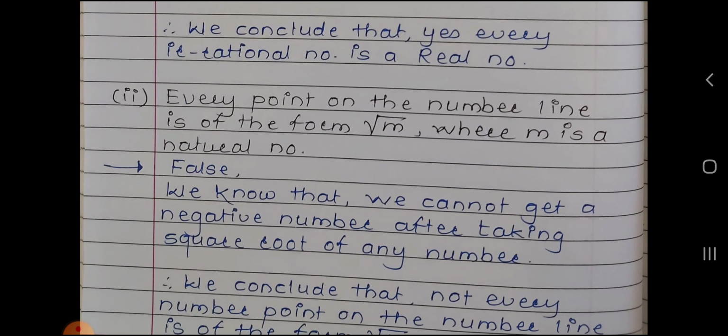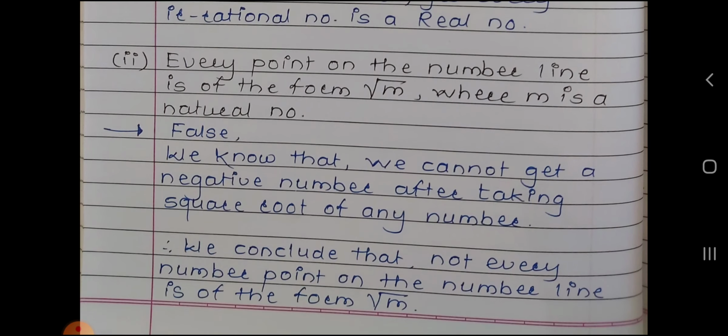So the statement is false, because we know that we cannot get a negative number after taking the square root of any number. So we conclude that not every point on the number line is of the form square root of m.